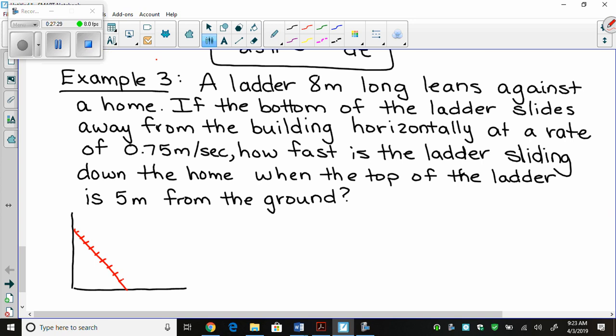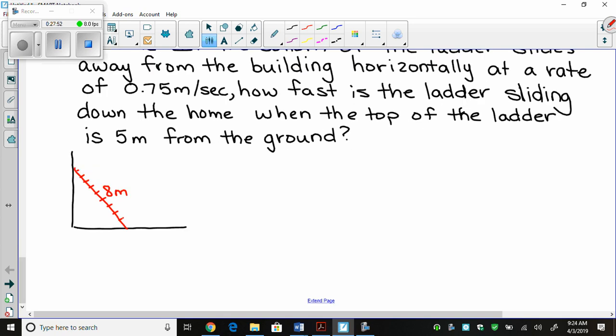I worked long and hard on drawing that ladder, so. Okay, a ladder is 8 meters long. Leans against a home. If the bottom of the ladder slides away from the building horizontally at a rate of 0.75 meters per second. So that's the bottom of the ladder sliding away, right?